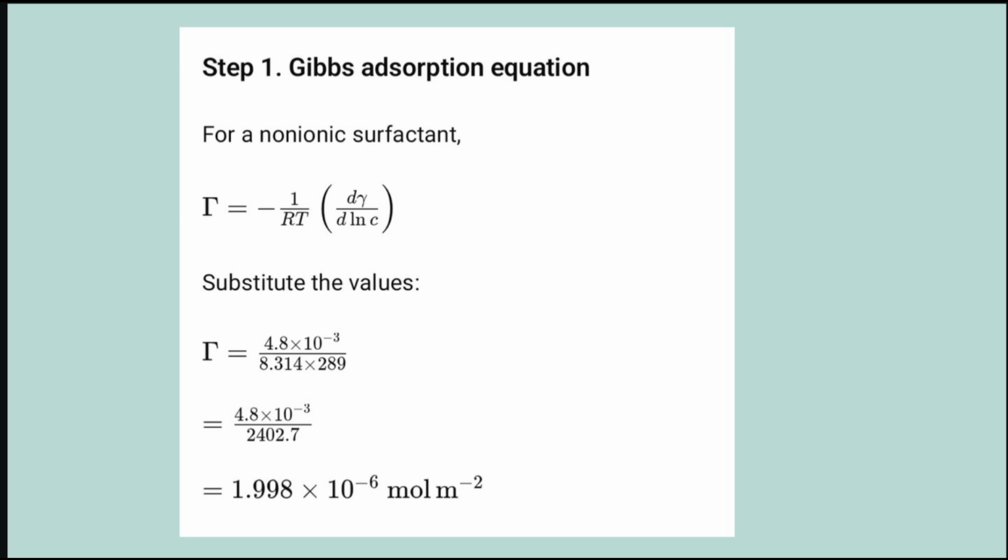Substituting the values, eta is equal to 4.8 into 10 to the power minus 3 divided by 8.314 into 289, that is 4.8 into 10 to the power minus 3 divided by 2402, which is equal to 1.998 into 10 to the power minus 6 mole per meter square.